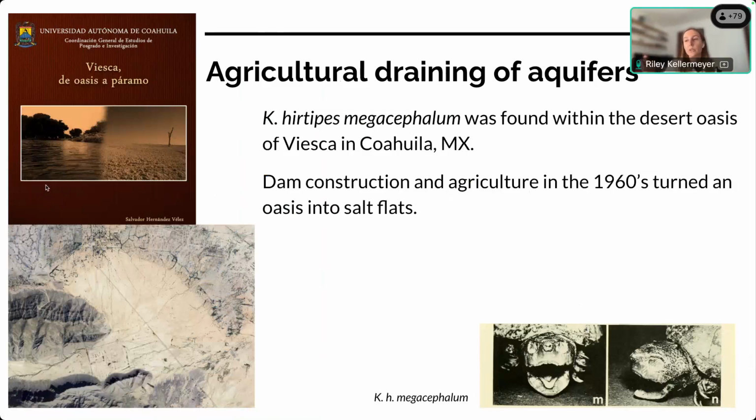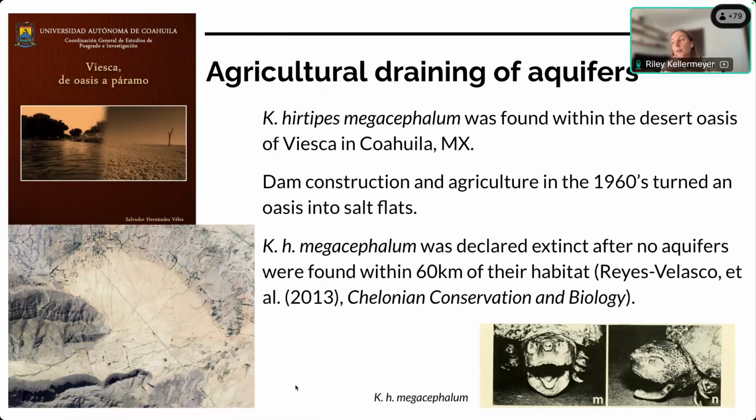It had rivers, lakes, ponds, in a desert. But dam construction and agriculture in the 60s transformed the entire area into salt flats. That's a massive environmental shift for this area. This paper, for example, is called Viesca from Oasis to Wasteland, and that seems pretty accurate.